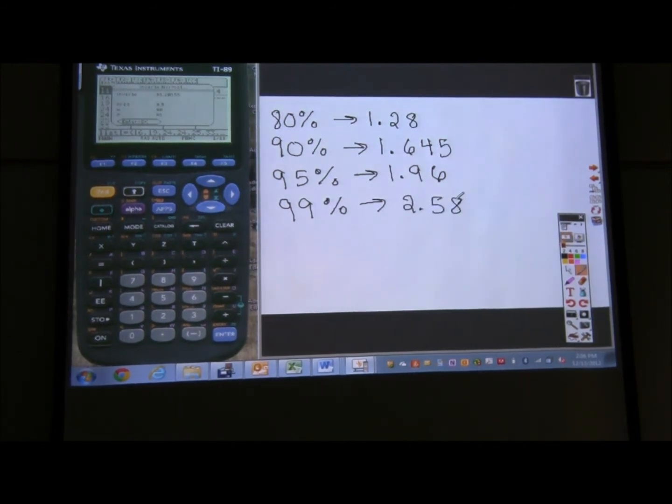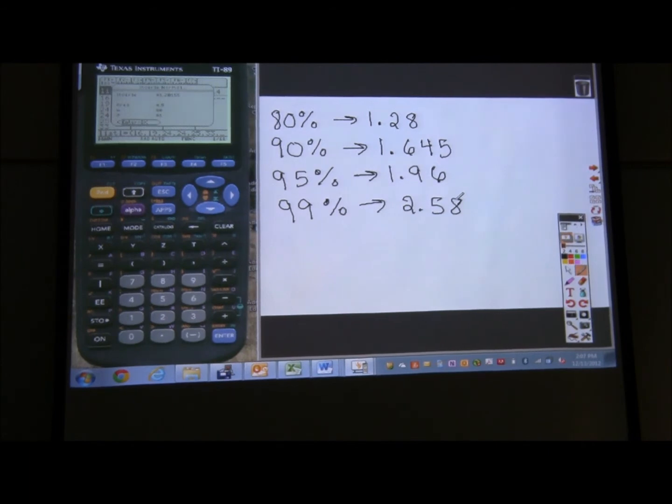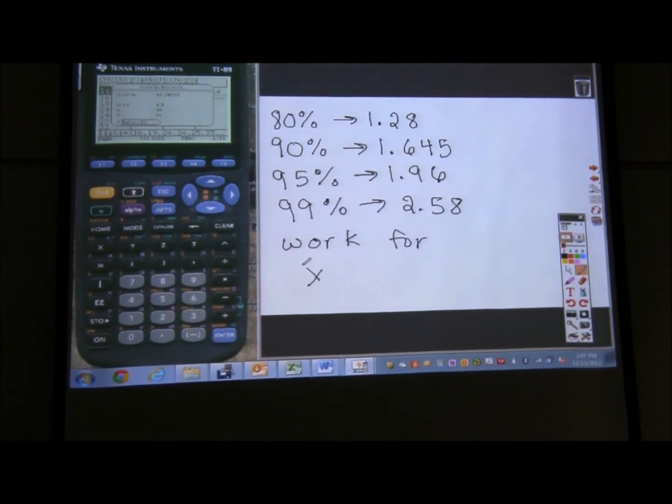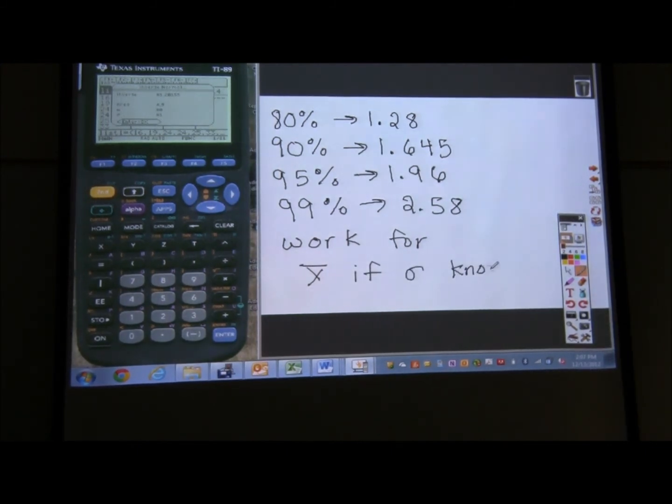You will notice that these critical values work for when you're looking for means. For means, if sigma is known, so they have to give you the population standard deviation in the problem, and it works for p-hats, proportions.